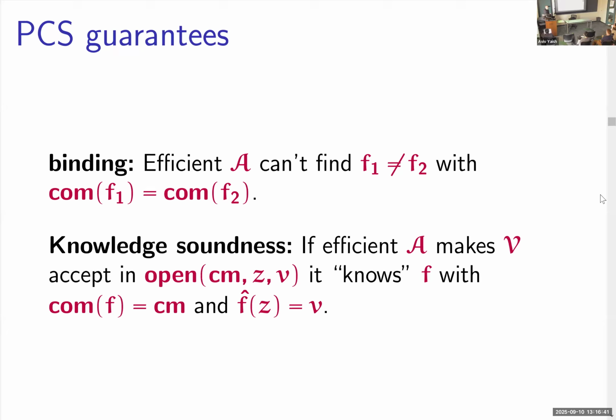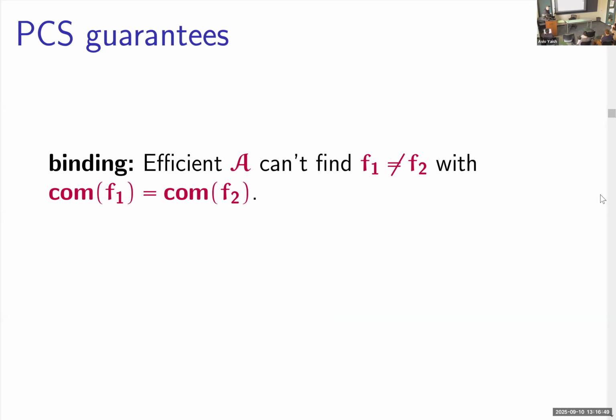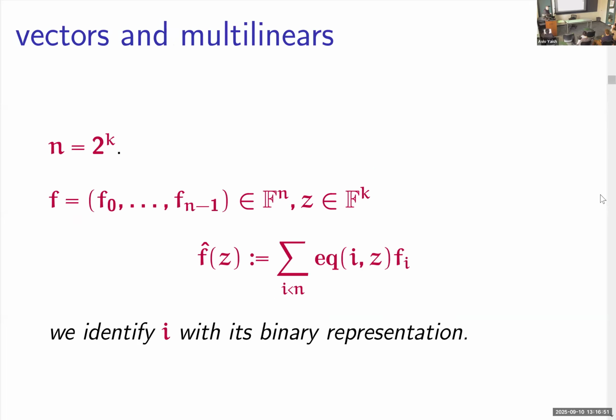Okay, so far, any questions? Did you introduce the hat notation? Yeah, so hat, I'm thinking of F formally as a vector. And then F hat is the multilinear that gets the vector's values on the Boolean cube.